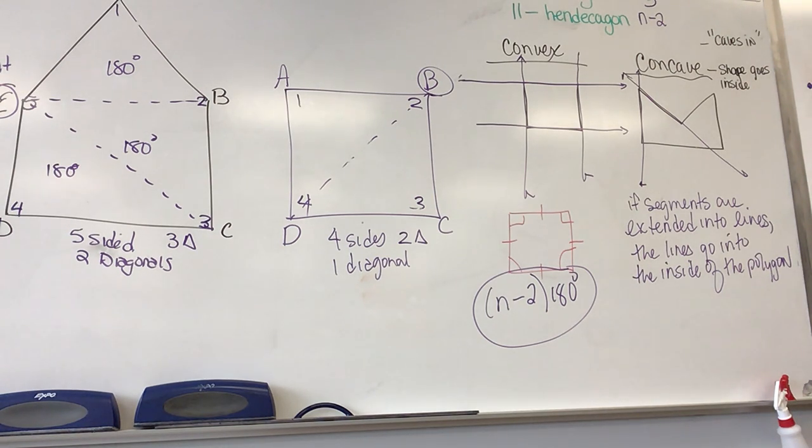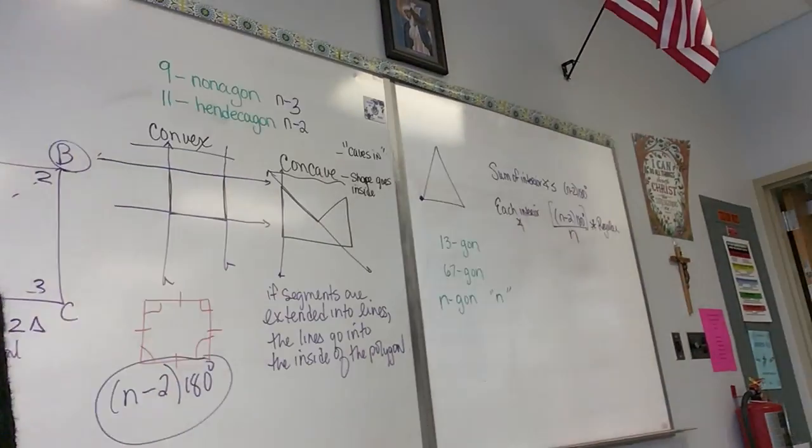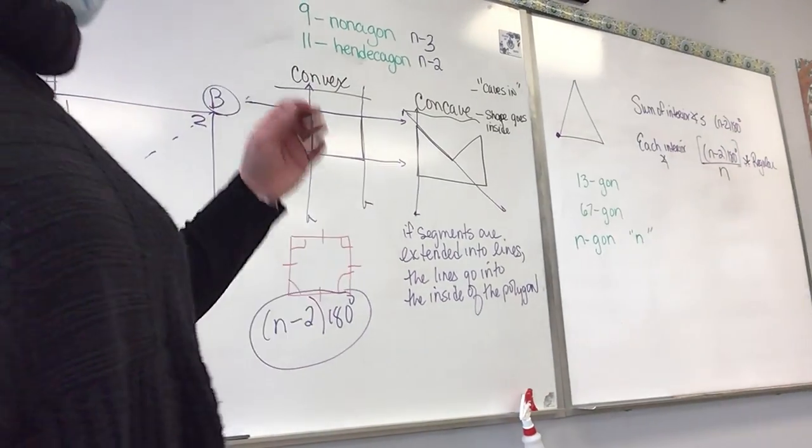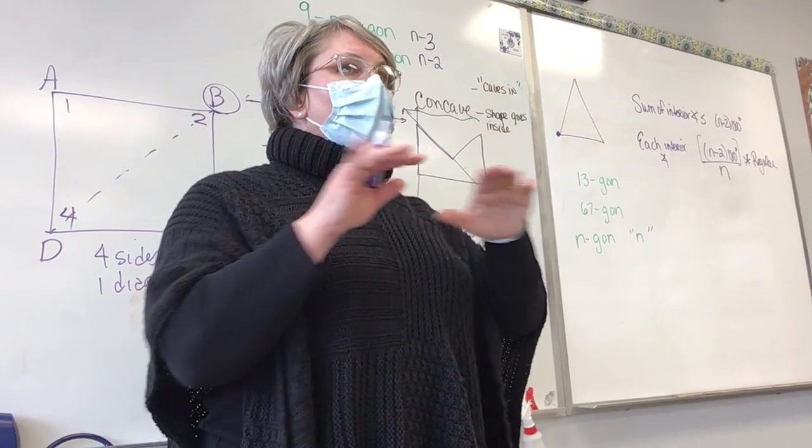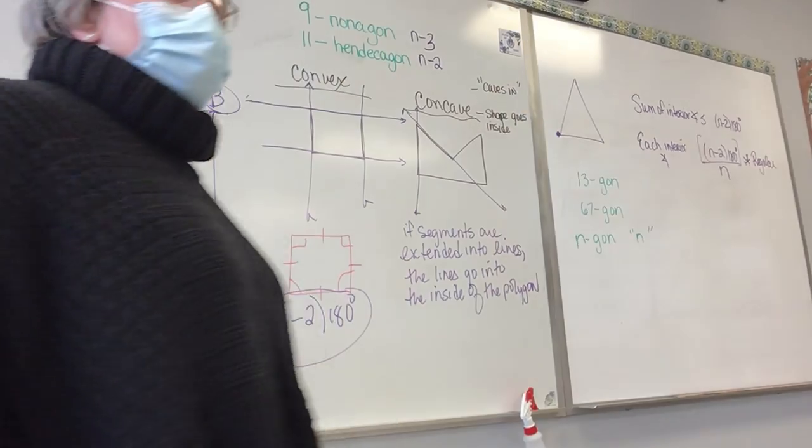Each interior angle. But put an asterisk. We have to be regular, because they all have to be the same. So your formula is n minus 2 in quantity times 180, all divided by n. That was fantastic.